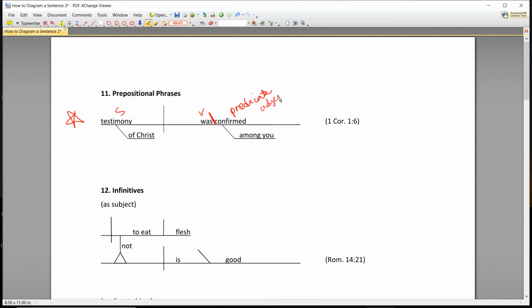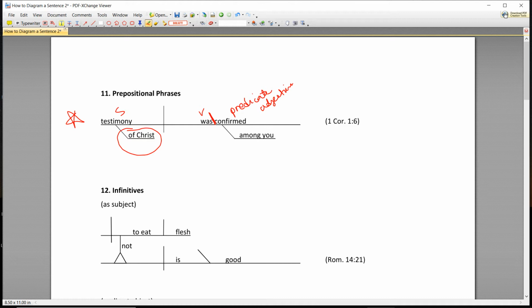Adjective. Okay, so testimony was confirmed. Okay, and then we have prepositional phrases here. Testimony of Christ. So this is a prepositional phrase that's modifying testimony.